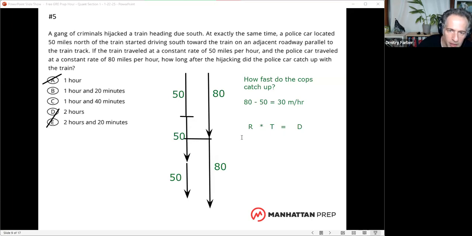If the cops are catching up at a rate of 30 and the distance is 50, then time will be distance over rate. It's 50 over 30. So time is 5/3 of an hour, which is 1 2/3 hour. You can calculate 2/3 of 60 is 40 minutes, or you could just say it's more than an hour and a half. So it's C, not B.